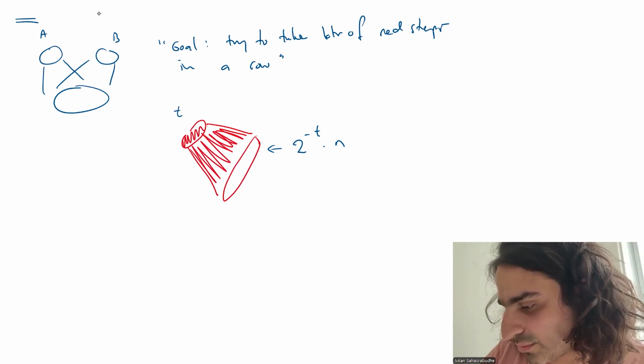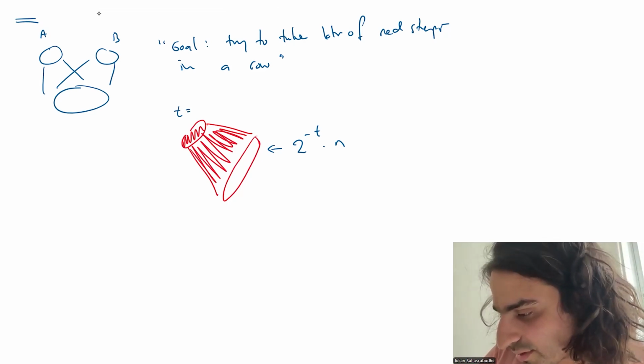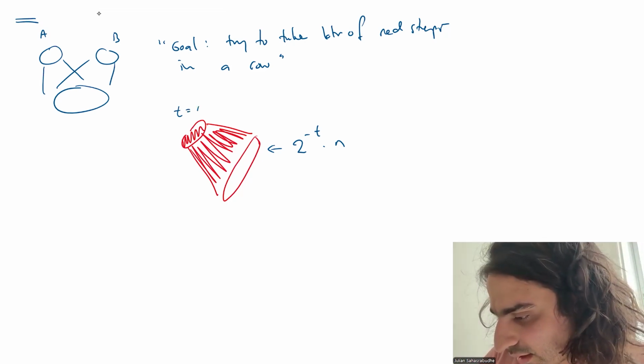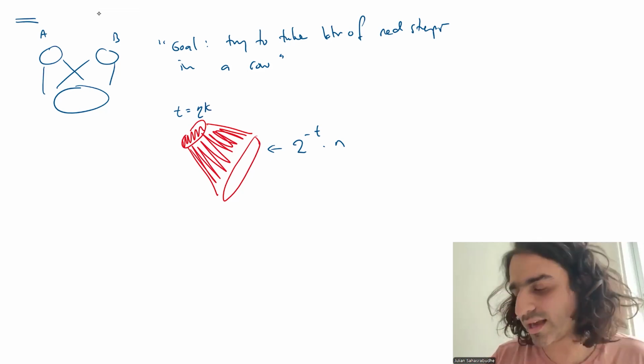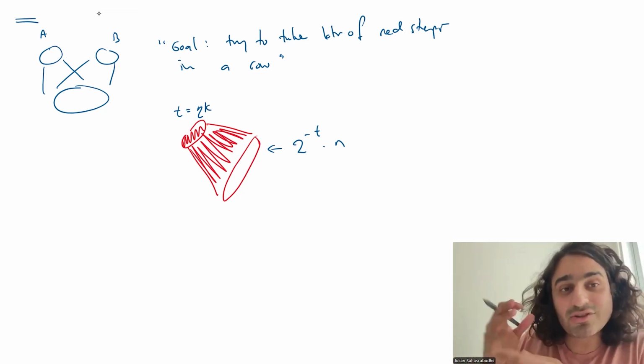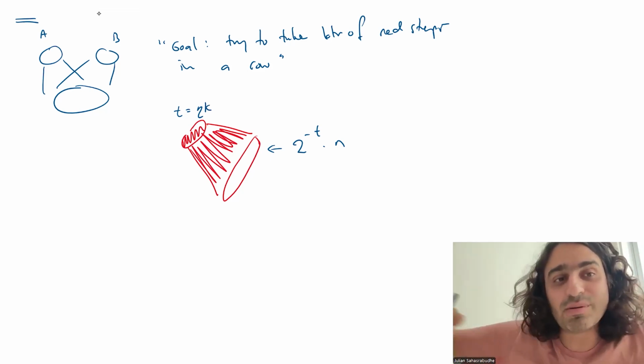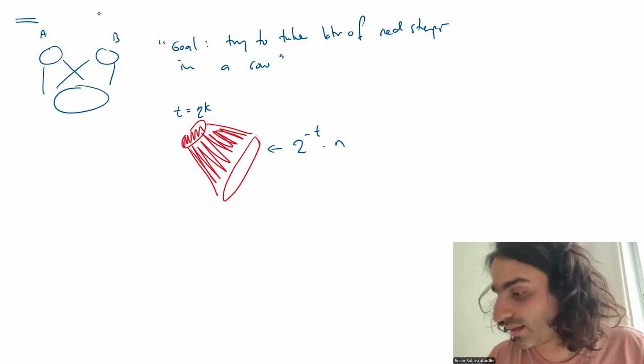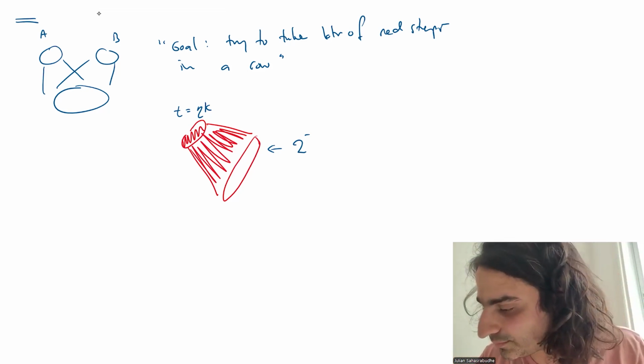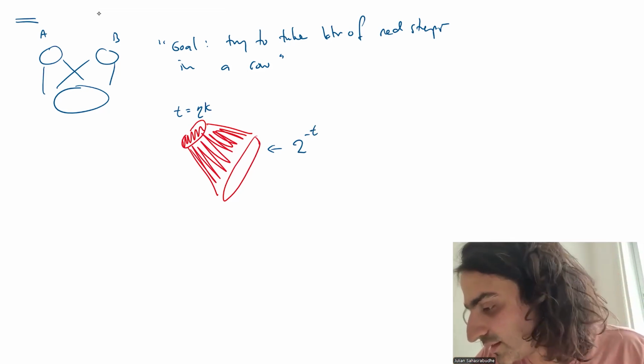We're actually constructing a book where t is some small constant eta times k. So we're getting a constant proportion of our way there. This is going to be 2 to the minus t.